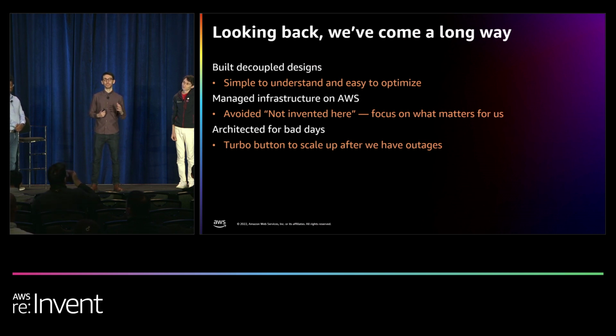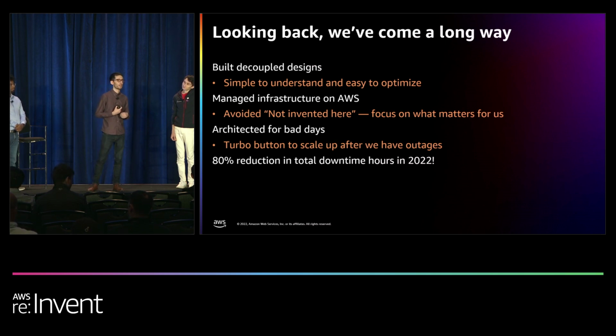And that enables us to catch up if there's some sort of event, or if researchers and economists are asking a lot of questions on a potentially busy market day, we're able to meet that demand. And so all of this resulted in an 80% reduction in total downtime in 2022 versus 2021.